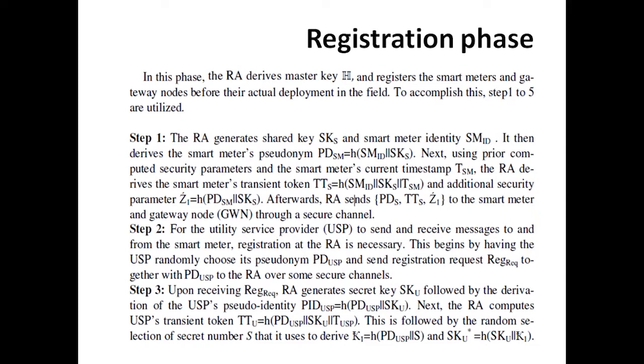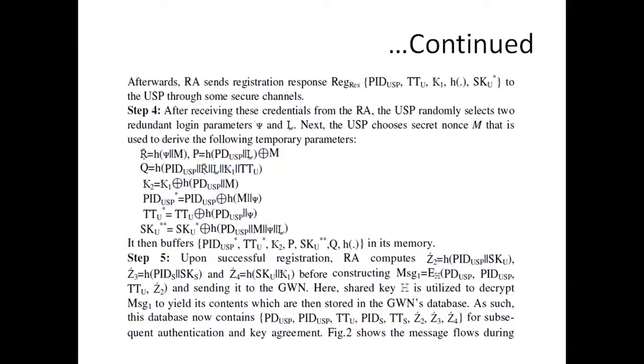Then it also computes a transient token for this particular USP before it generates a second parameter S that it uses to derive two additional security tokens as shown in step 3. Afterwards, the RA sends this registration response to the USP through secure channels.